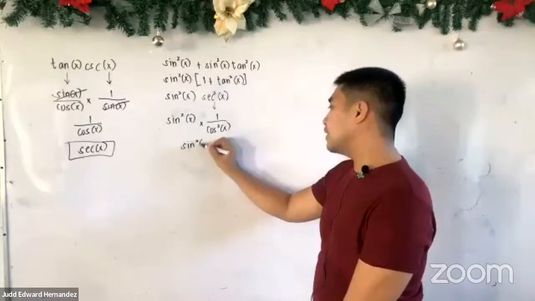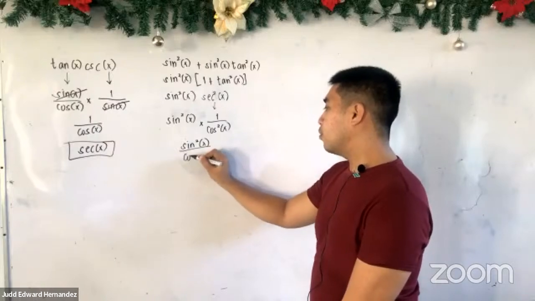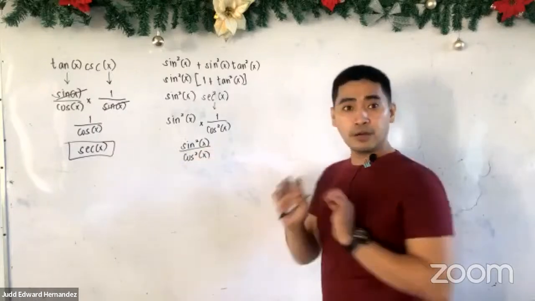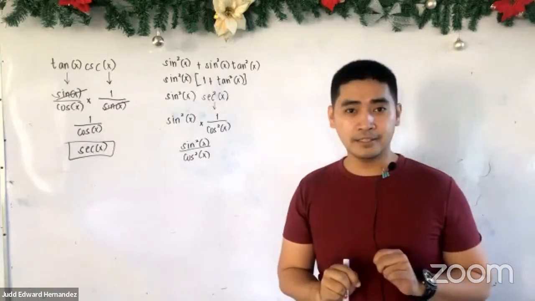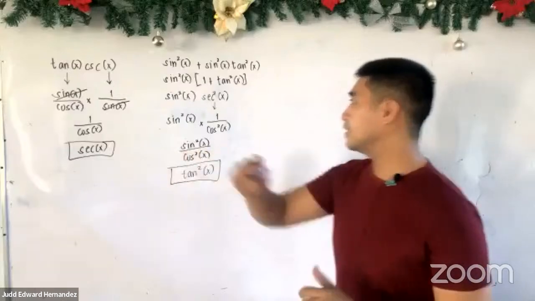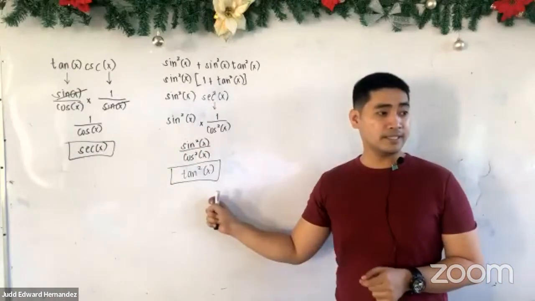Let's multiply. This becomes sine squared of x over cosine squared of x. But what do we know about sine over cosine? It is a quotient identity. And that quotient identity is equal to? Tangent squared of x. Correct answer is tangent squared of x. Are we clear? Is this clear? Yes. Okay.